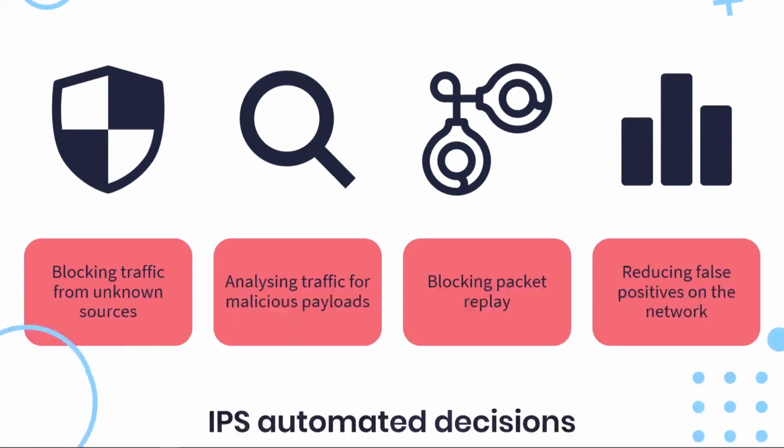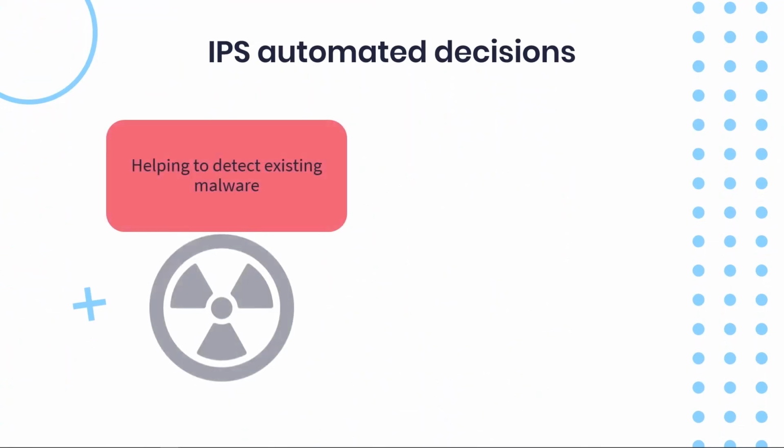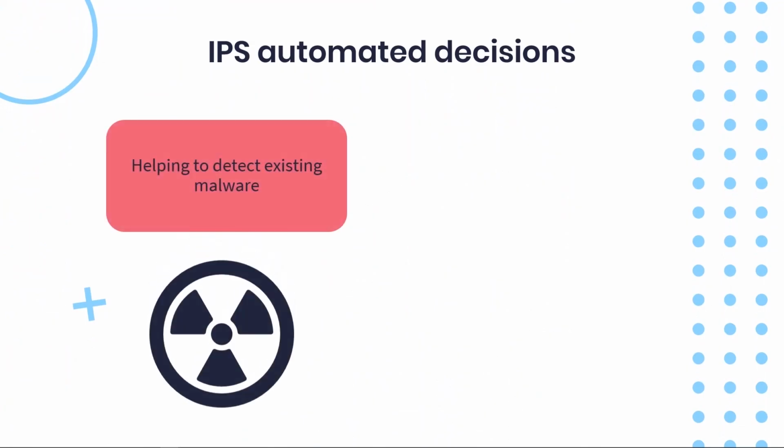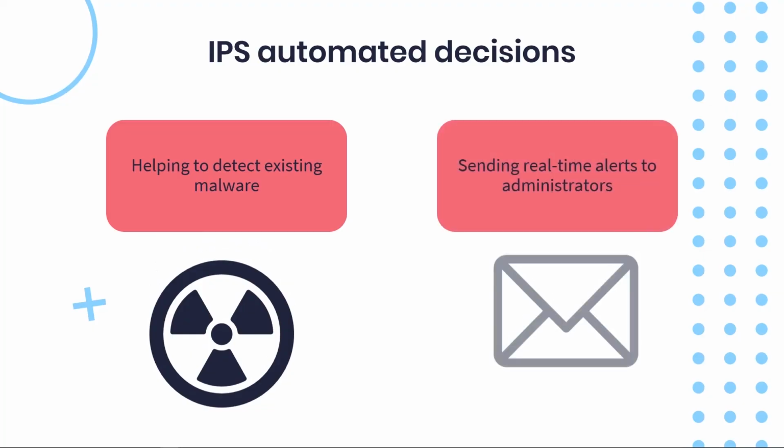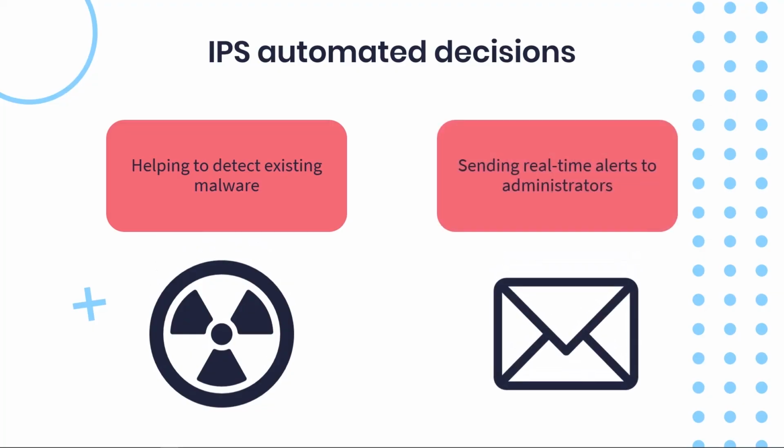And others are helping to detect existing malware, for example, Trojans, backdoors, and rootkits, and sending real-time alerts to administrators. So now that you can see how useful an IPS can be, you can see why it is always encouraged to include these types of security measures on a network. Why? Because if you can detect a malware, chances are it could be mitigated.